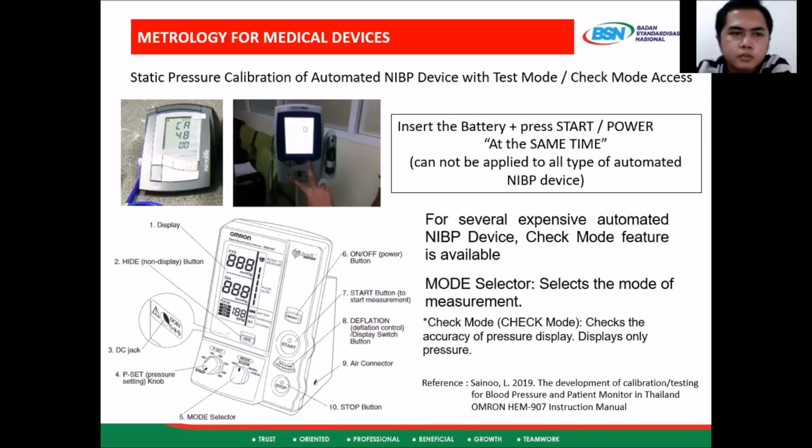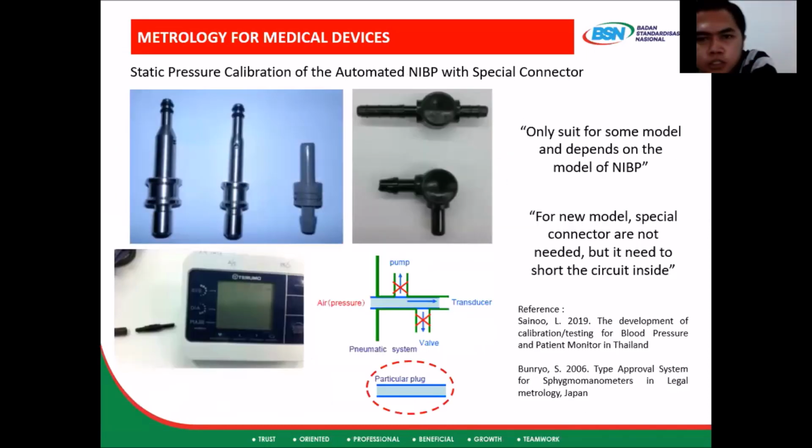And there is a second way to access the static pressure calibration of an automated NIBP device, which is by using a special connector. This is an example, which I got from Mr. Liquid. This connector is designed to close the pump and the valve system. You can see below the particle plug.